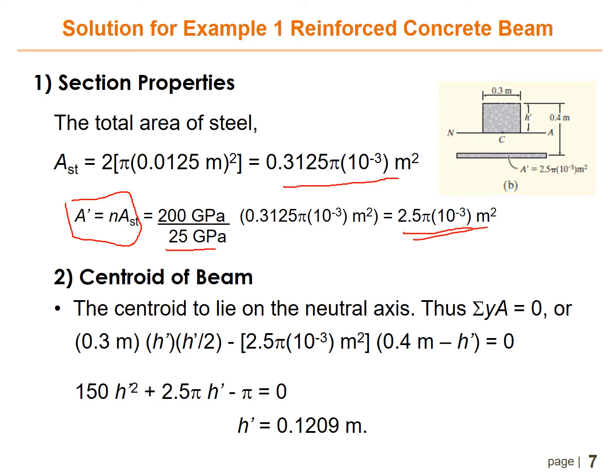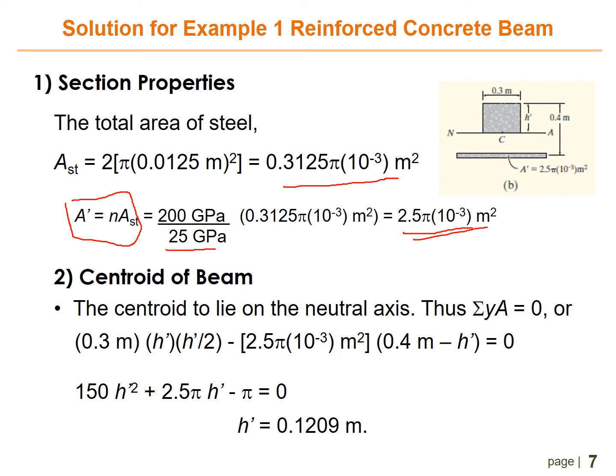And the next step is to find the centroid of the beam. The centroid lies on the natural axis. Thus, summation of y bar times area equals 0, or 0.3 meter times h prime times h prime divided by 2, minus 2.5 pi times 10 to the power of -3 meter square times (0.4 meter minus h prime) equals 0.